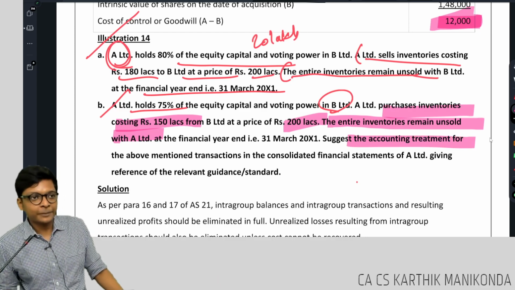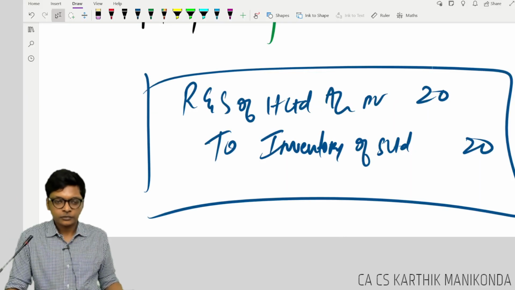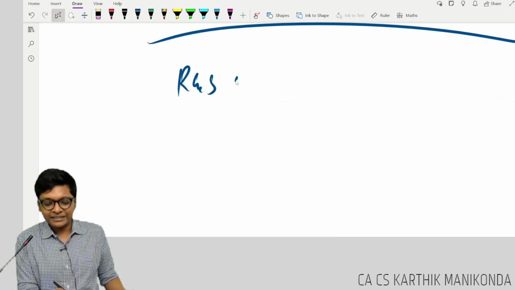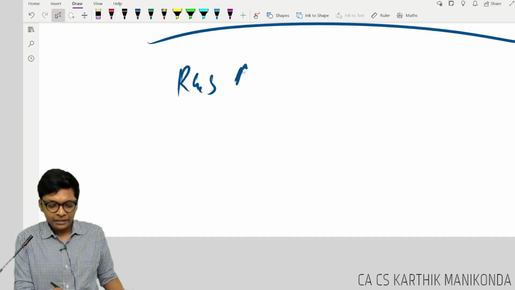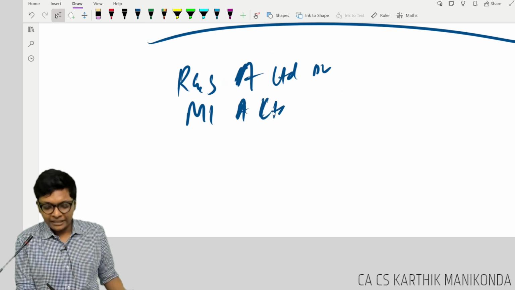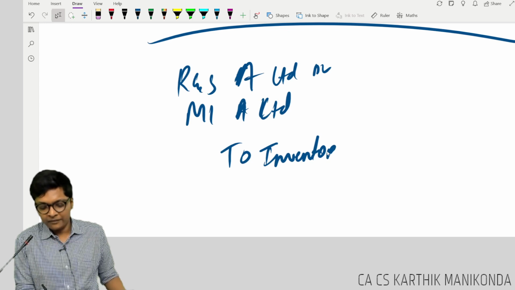Suggest the accounting treatment. What should I do? Entry will be reserves and surplus of A Limited, the holding, account debit. Minority interest account debit to inventory 50.